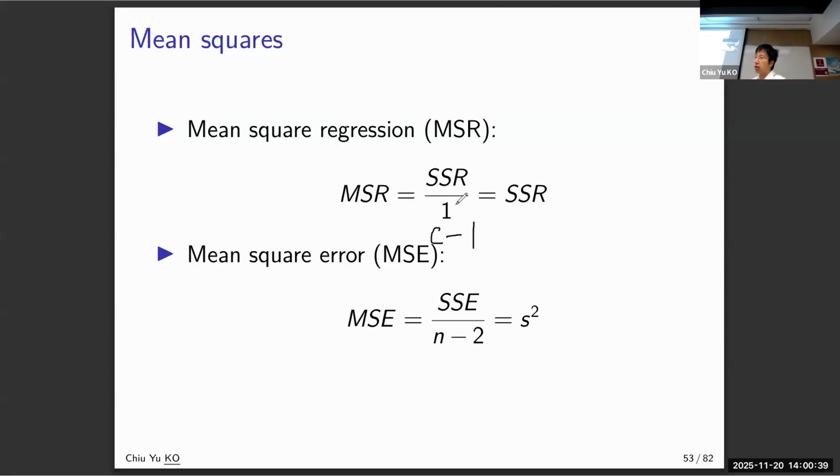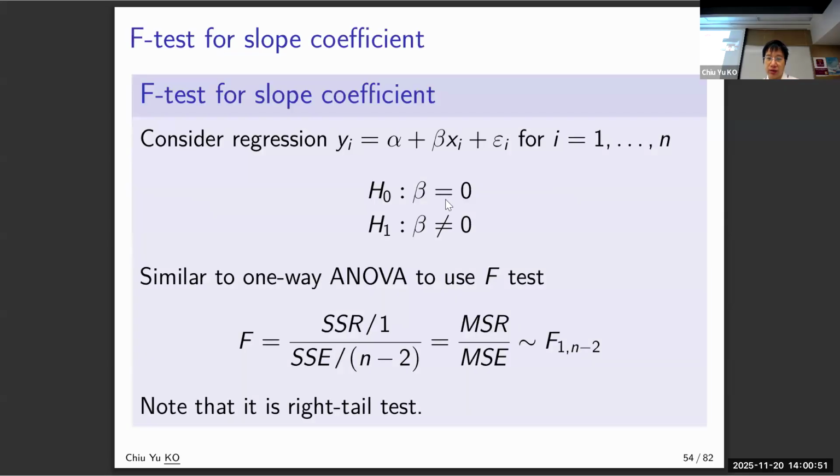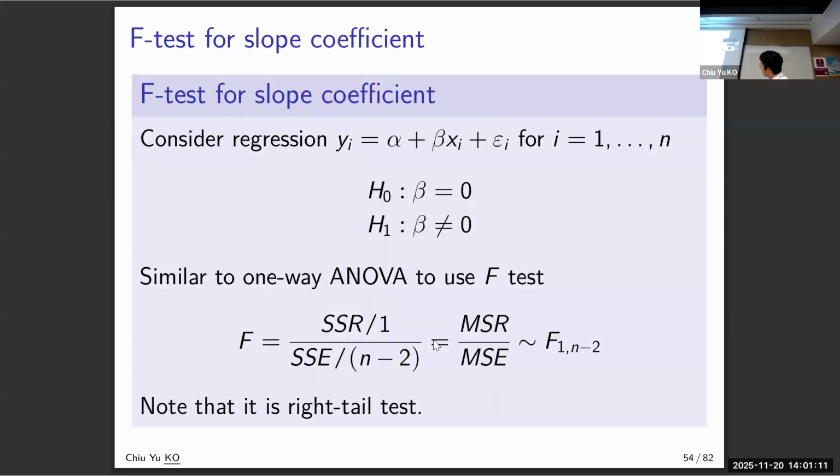You have two groups, and you calculate the variance between these two groups. The way to do it is slightly different, but the math shows that SSR has a chi-square distribution with 1 degree of freedom, and SSE has chi-square with n minus 2. That's why you can compare them in the F test, and this F test will let you check whether beta equals 0 or not.